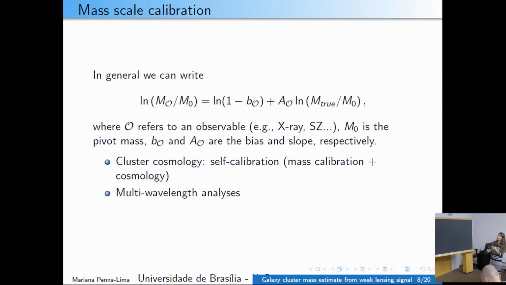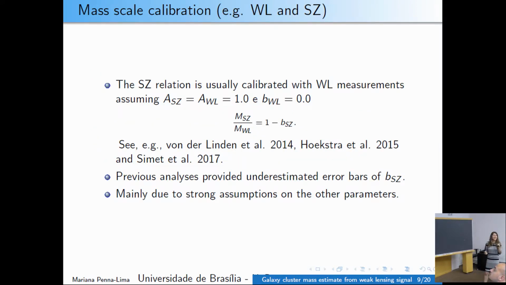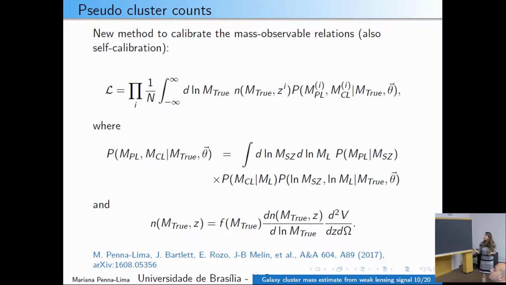But with it, we didn't include any prior on B nor A, okay? Both for lensing and SZ information. And this is the probability distribution relating the true halo mass and the SZ and lensing mass, okay? So here are our data, okay, for SZ and for lensing.